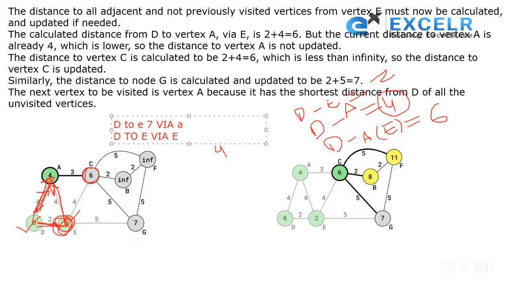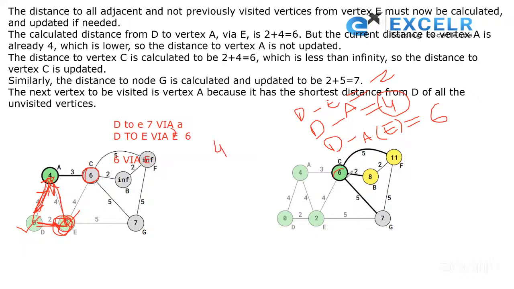It is 6. Isn't it? So what is the minimum cost in going from D to C? It is 6. So I will update to 6. It is via E. Isn't it? So I am now at vertex C. See here, C has been updated to 6. Right? So 6 I have updated over here.